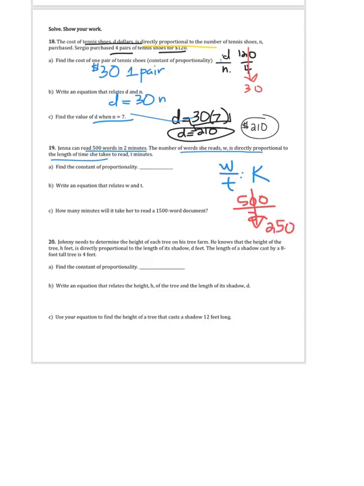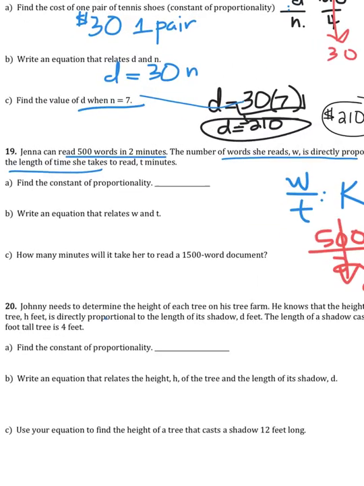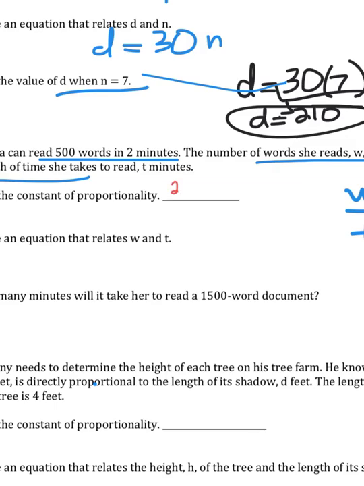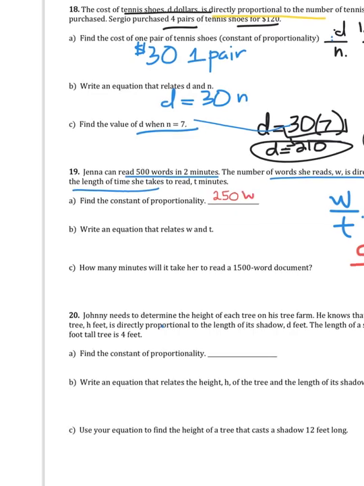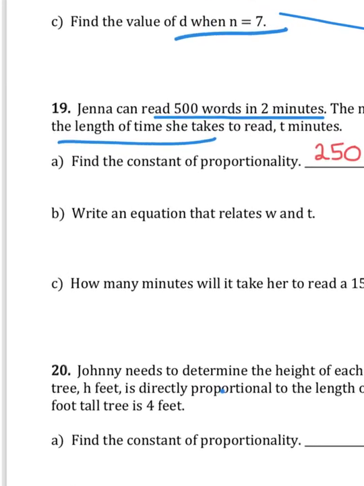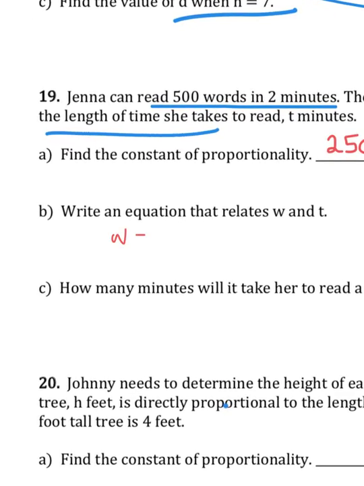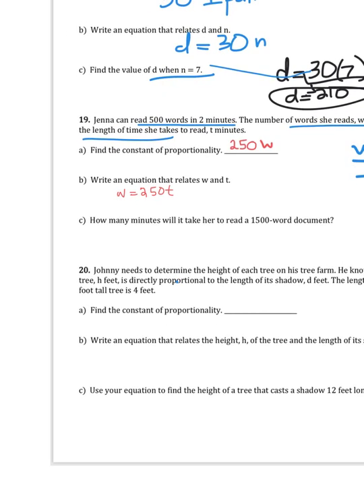So how many would she read in 1 minute? The constant is 250. So that would be it, 250 words. Write an equation with W. W equals 250T. Done with that.